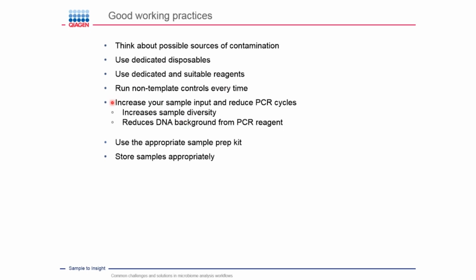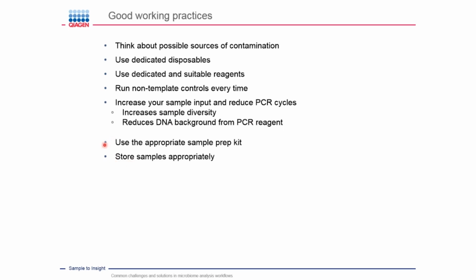And if you can do so, increase your sample amount and reduce your PCR cycles, because the background will be lower if you're not amplifying it that much. The last point I can tell you is that we are using a UV PCR bench for setting up all this, and by this can completely exclude contaminations, which I can show you later on too.